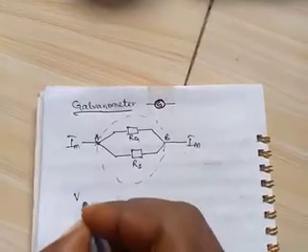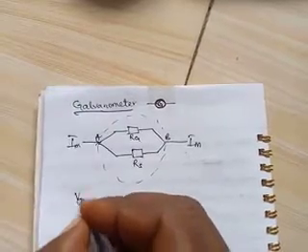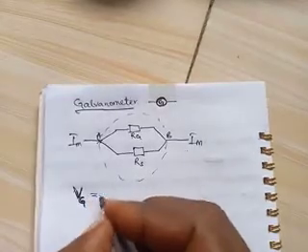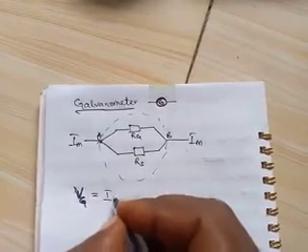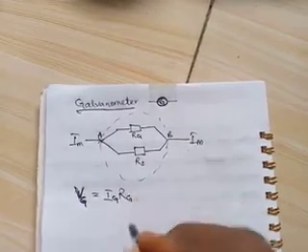Remember that according to Ohm's law, V is equal to IR. So the voltage in the galvanometer, V subscript G, is equal to the current in the galvanometer times the resistance of the galvanometer.